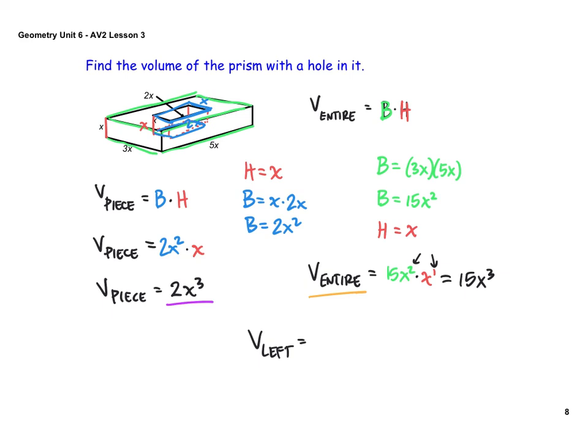So I'm going to take 15x cubed. Fortunately for us, these are like terms. Minus 2x cubed. So the volume of what is left over is going to be 13x cubed units cubed.